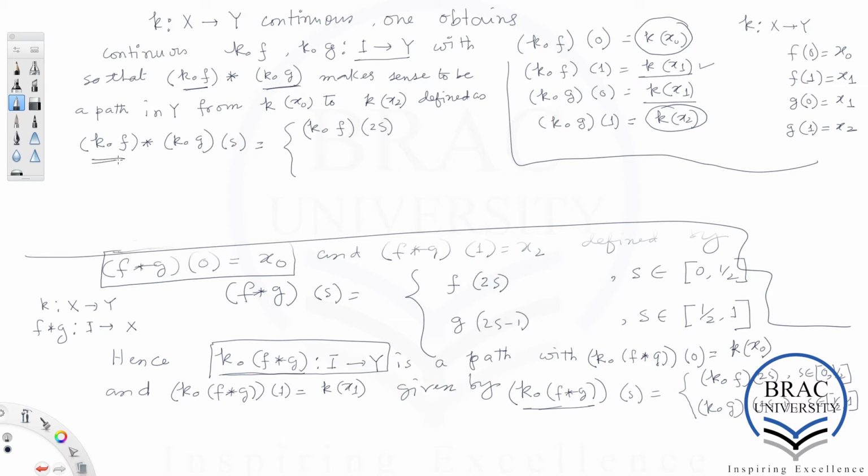Okay, so this map, which is a path, this path evaluated at 2S when S is in this interval, and the product is equal to this path evaluated at 2S minus 1 when S is in this interval.